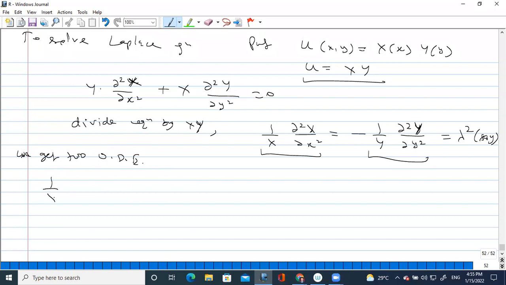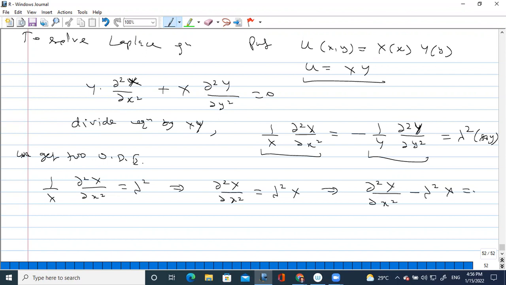One of them is (1/X) d²X/dx² equal to lambda square. So this implies d²X/dx² equal to lambda square X. This we will take on the left hand side, d²X/dx² minus lambda square X equal to 0. So here (D² minus lambda square) X is equal to 0.